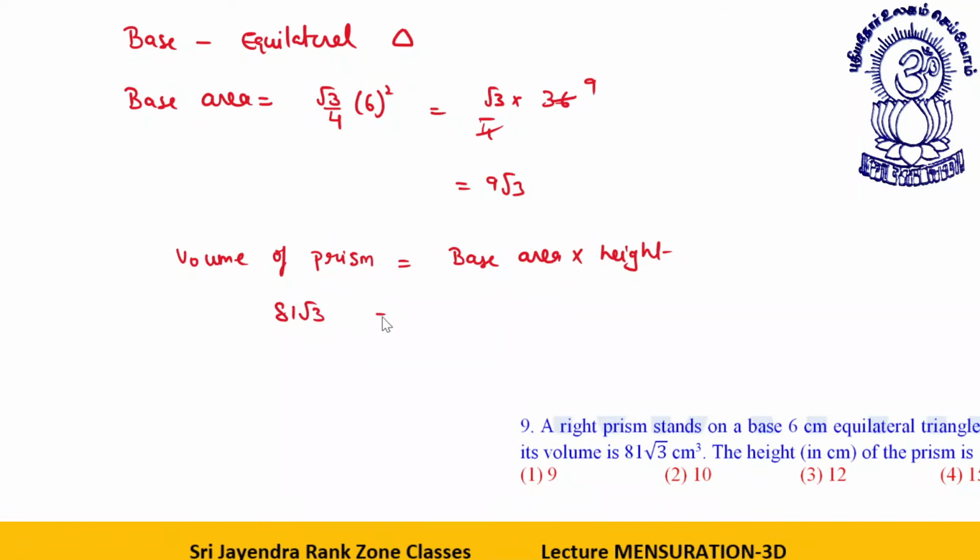Therefore, 81 root 3 is equal to 9 root 3 into its height. Root 3 and root 3 cancel. H is equal to 81 by 9, or H is equal to 9. That is option number 1. This is your answer. Fine. Next one.